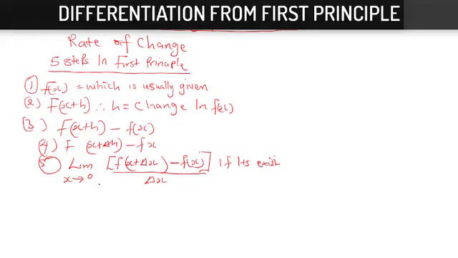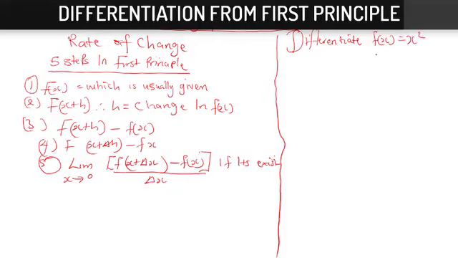I definitely want us to apply the concept, and see what we will get. So we are trying to apply the 5 steps in seeing what we'll get in this differentiation. For example, differentiate f(x) equals x squared.